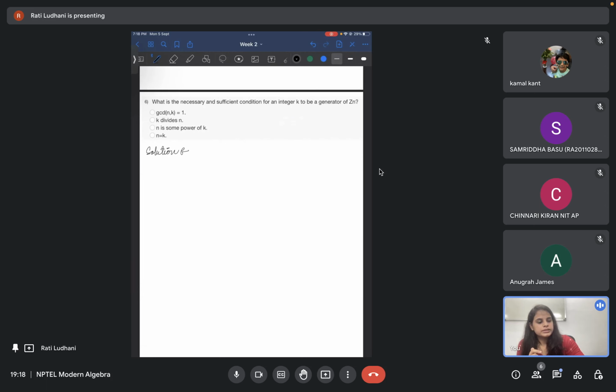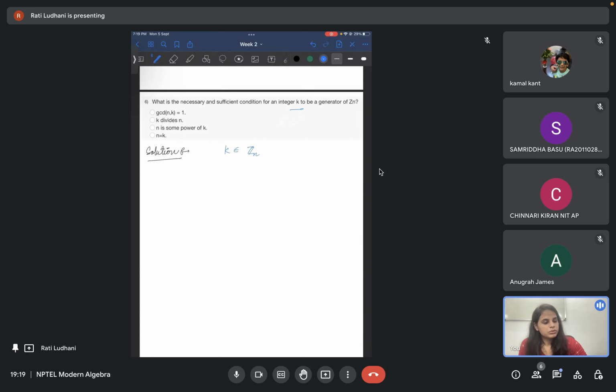What is the necessary and sufficient condition for an integer k to be a generator of Zn? So the question has been asked: you have taken some k and it belongs to Zn.